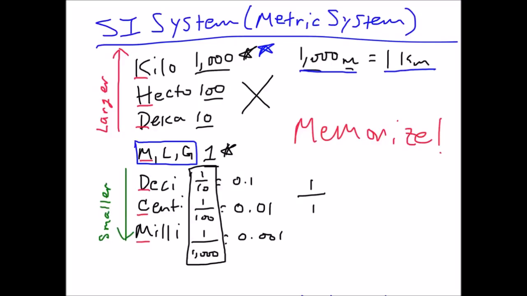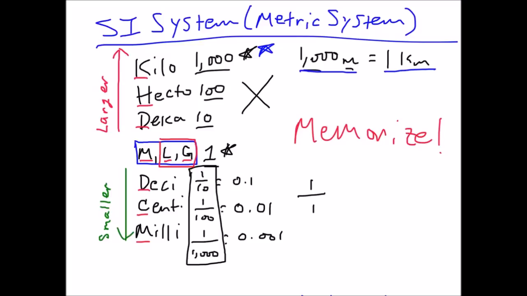When I was in school, it was King Henry danced merrily down Center Main. But that kind of leaves out these two base units here, liter and gram. So there's a new one. King Henry dunked many large glazed donuts in chocolate milk.